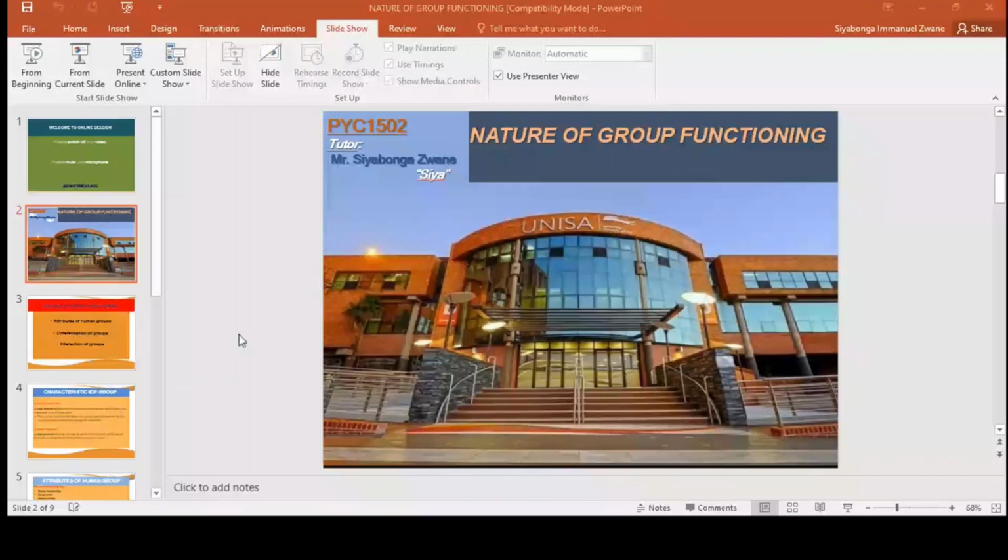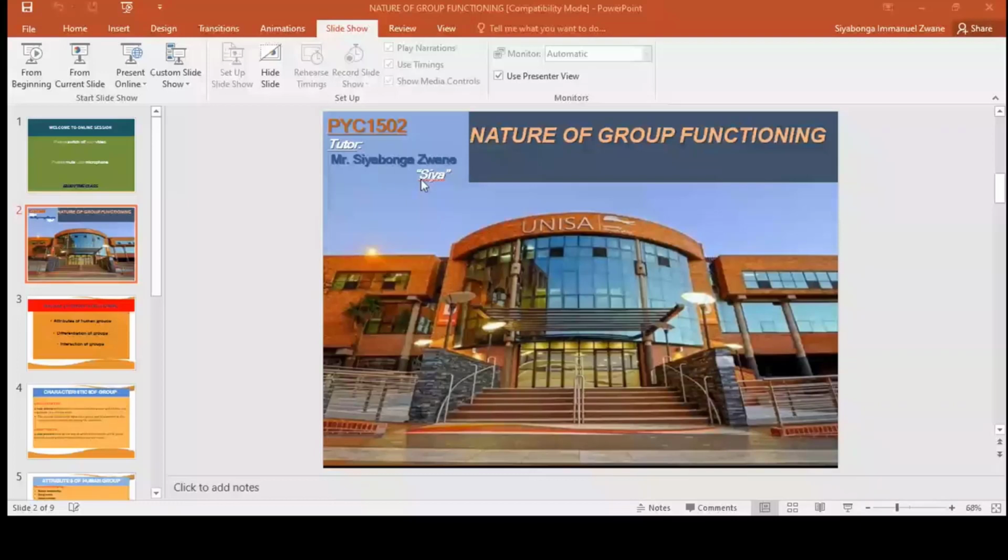Group structure refers to its elements and the way in which these elements are organized. These are what make up a group.